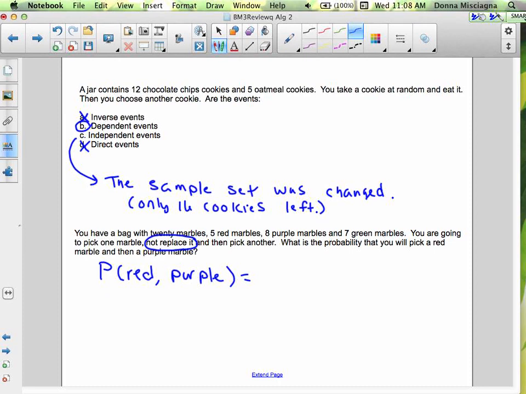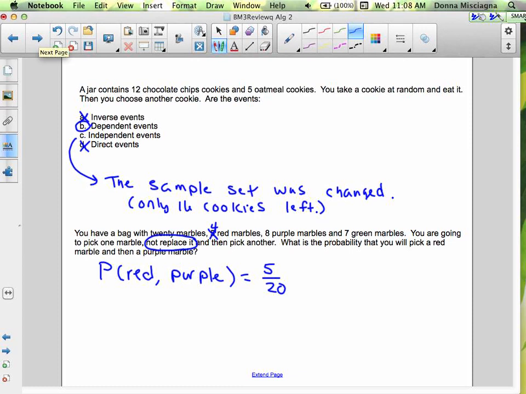So we're going to find the probability for the red marble. There are 5 red marbles. There are 20 marbles overall. If you take a red marble out, there's only going to be 4 red marbles. And that means there's only going to be 19 marbles overall.